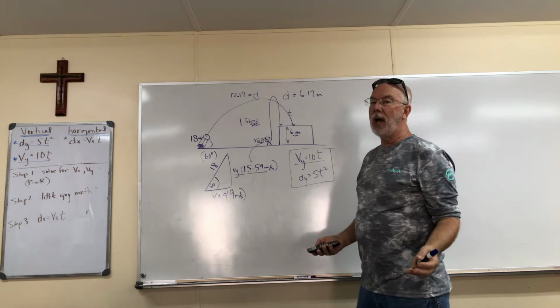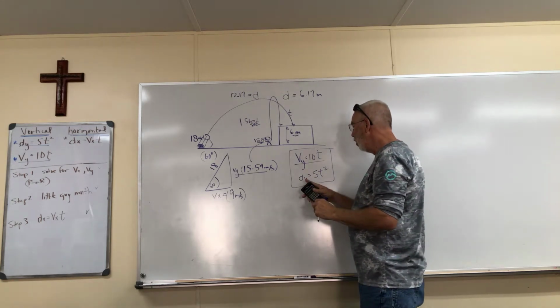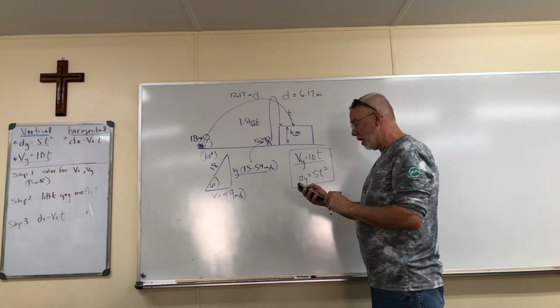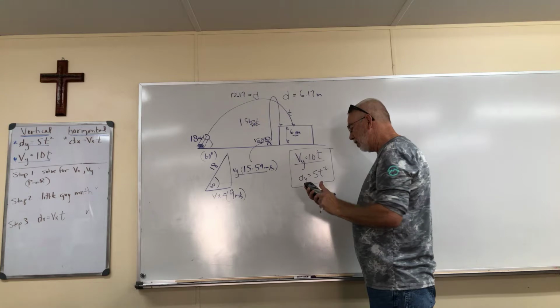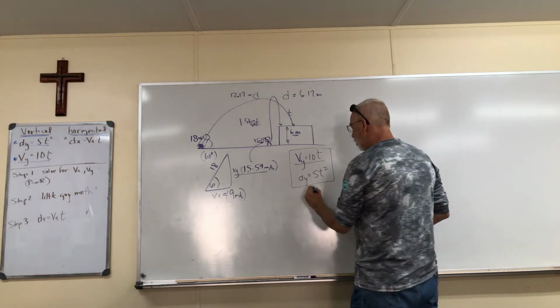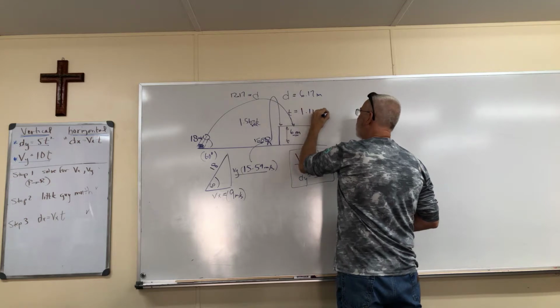Now, how much time does it take to fall 6.17? We plug that into the distance equation, and 6.17 divided by 5 equals, and take the square root, and it says that the time is going to be 1.11 seconds.